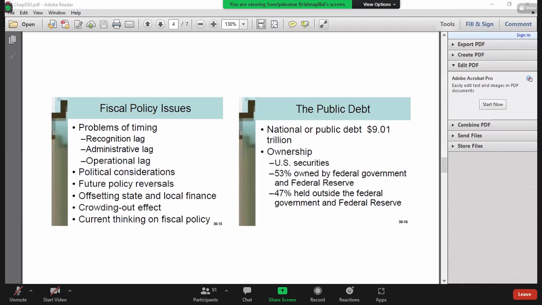But if people think taxes will increase later, then they don't respond to the current tax cut, they don't increase consumption, they save more. So the future policy reversal makes the fiscal policy effect zero.